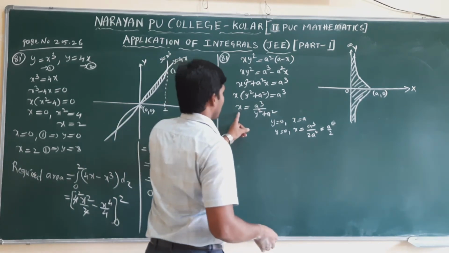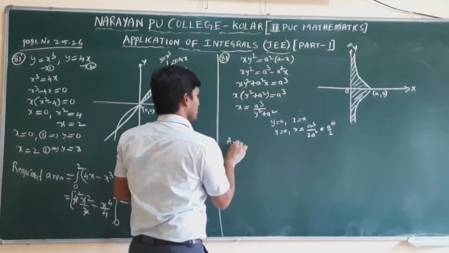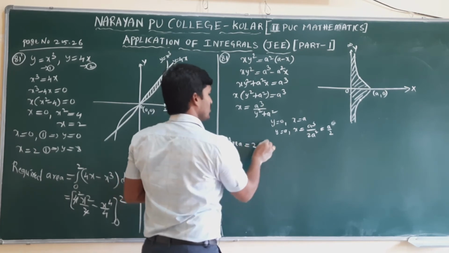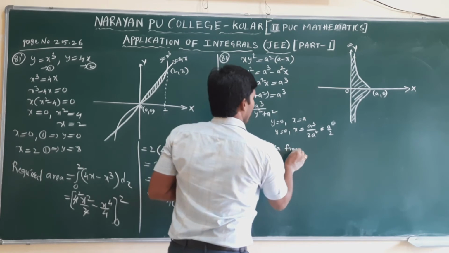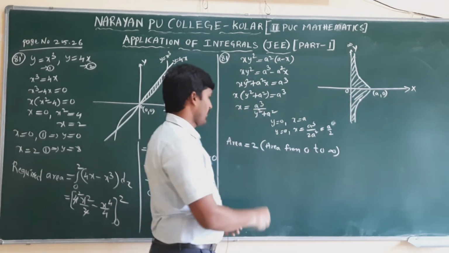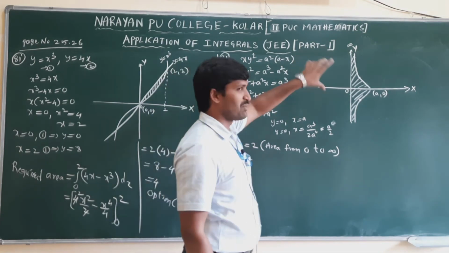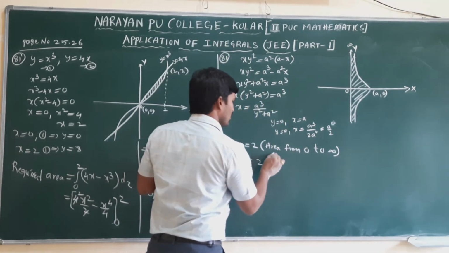Already we converted this with respect to y. So area equals 2 into the area from 0 to infinity. This region we can't restrict because it goes up to infinity. 2 into integral 0 to infinity.